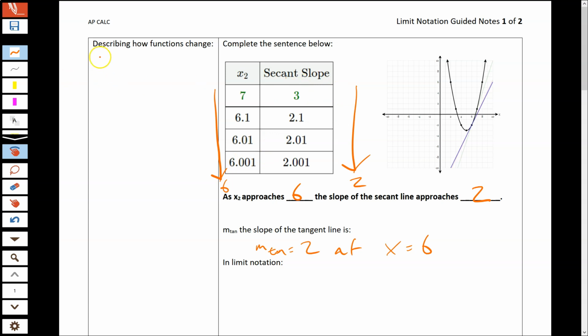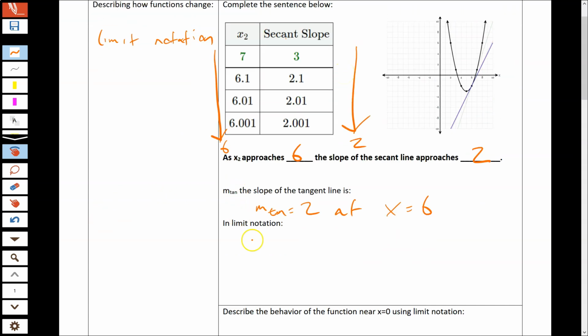We're going to use what's called limit notation. This looks scarier than it is. What's going to help you learn this the best is reading these out loud, or if you're in a quiet classroom, you can read them in your head. Reading these and thinking about how to say them is the best way to get comfortable with this notation.